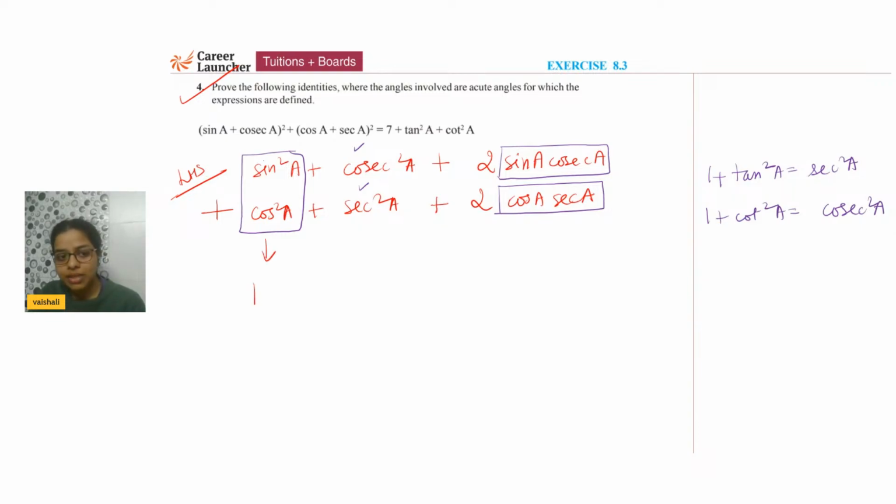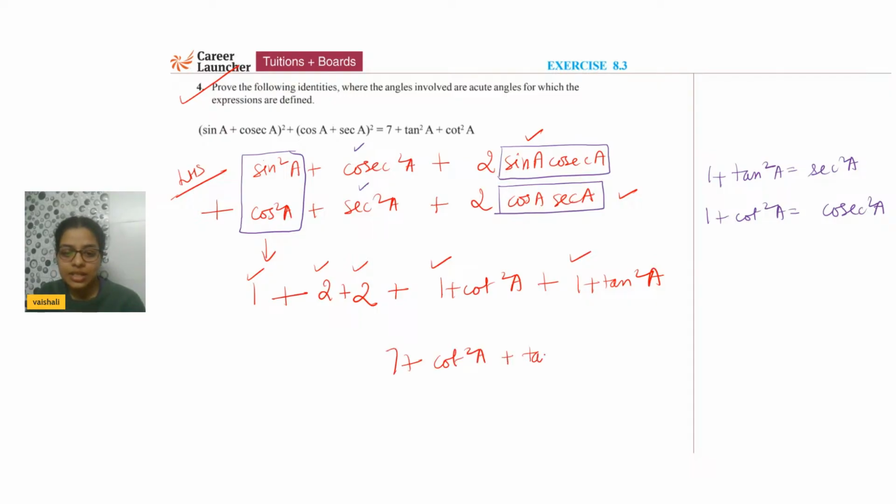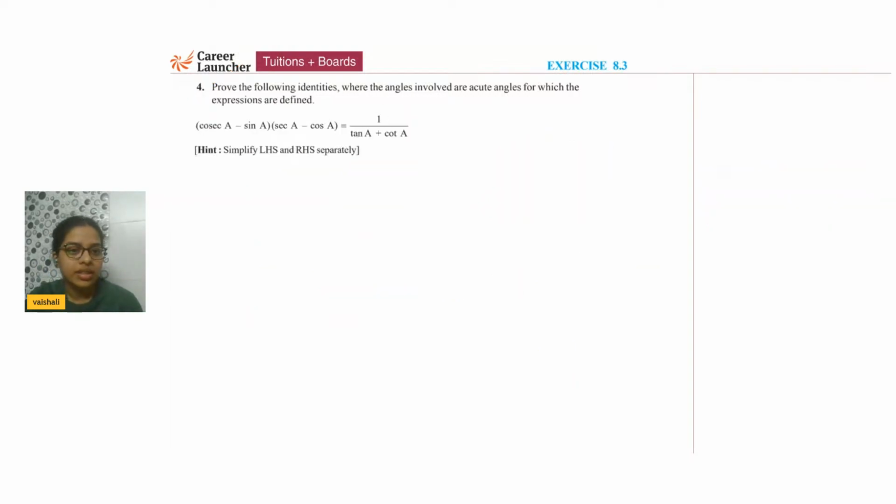So this will become 1 plus 1, ये जो दो हैं ये हमारे पास बन जाएगा 2, plus 2, and over here I am going to substitute cosec square क्या हो जाएगा 1 plus cot square a, and secant square a क्या हो जाएगा 1 plus tan square a. Now combining all the constants, if you will see 1 2 3 4 5 6 7, so 7 plus cot square a plus tan square a, and you are done with the proof, which is equal to the right hand side.